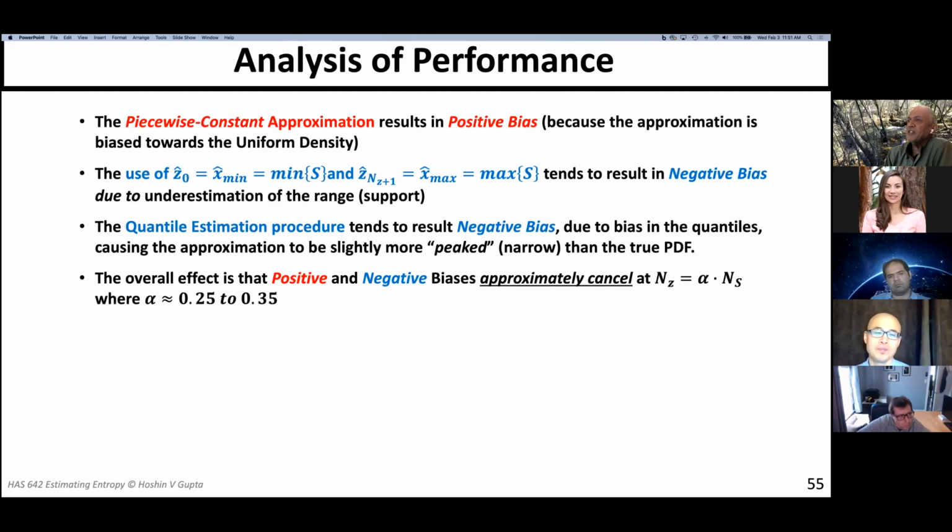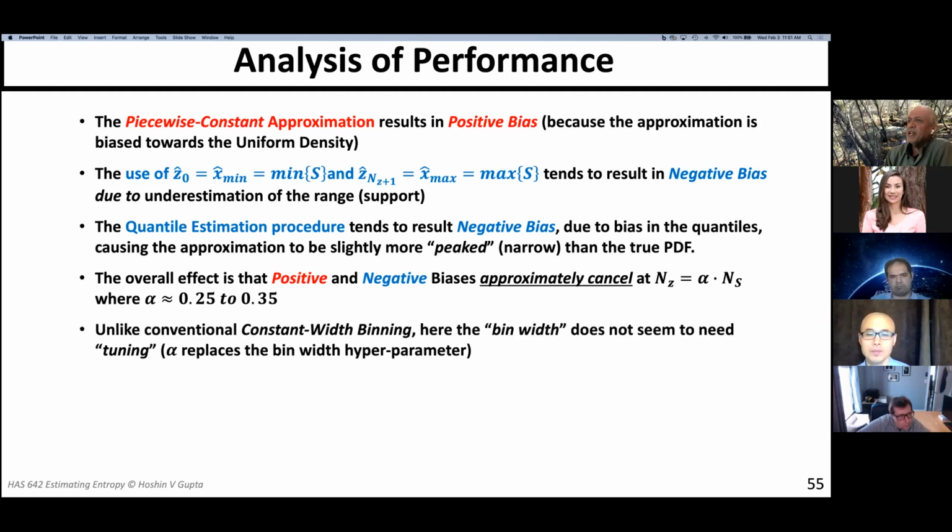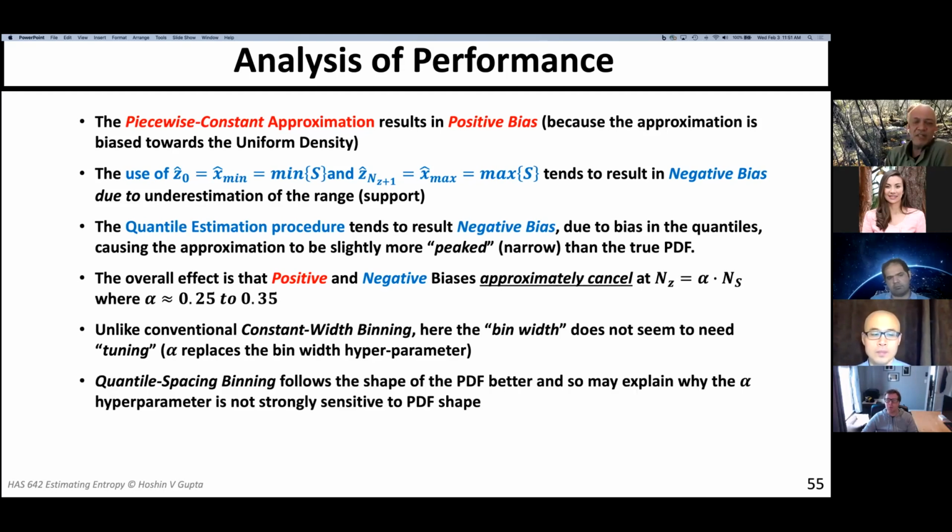But the overall effect seems to be that they cancel out approximately at alpha equal to 0.25 to 0.35. And unlike conventional constant width binning, we don't need to do any tuning. We just choose this value somewhere in that range, set it, and we're home free, provided it holds for other distributions too.